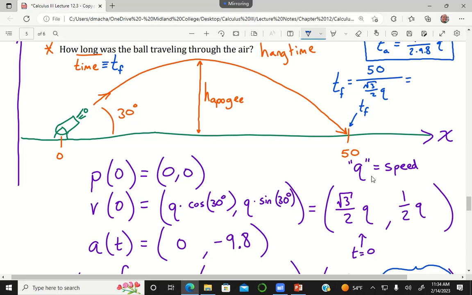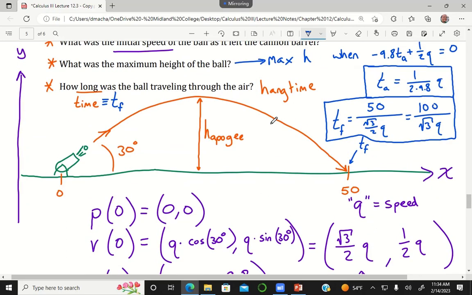In other words, this is 100 divided by root 3 q. Again, if I only knew my initial speed, that lowercase q, then I could figure out the time that the ball hits the ground, my final time, my hang time. Let's see what else I know.